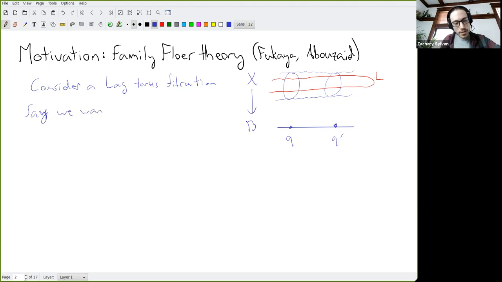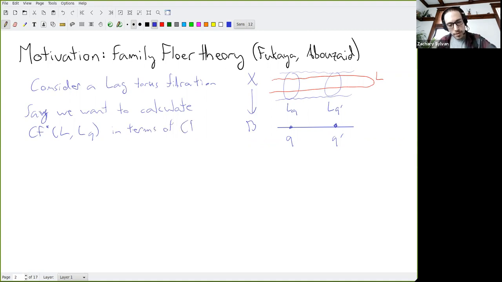And so say we want to calculate CF star of L with L_q, where this is L_q and this is L_q prime. These are Lagrangian tori. We want to calculate it in terms of Floer cochains of L with L_q prime.